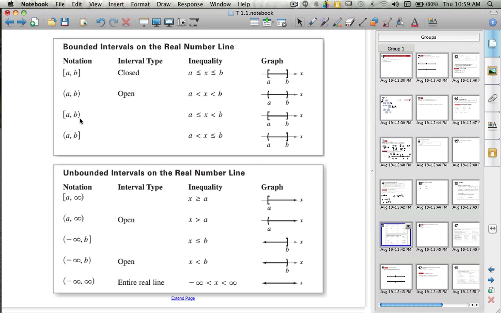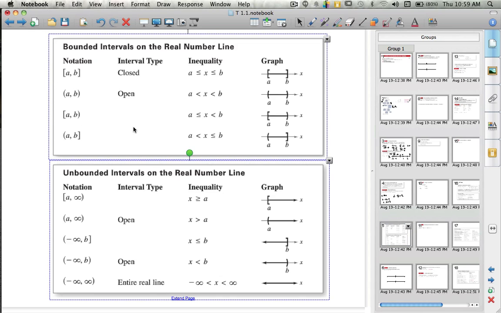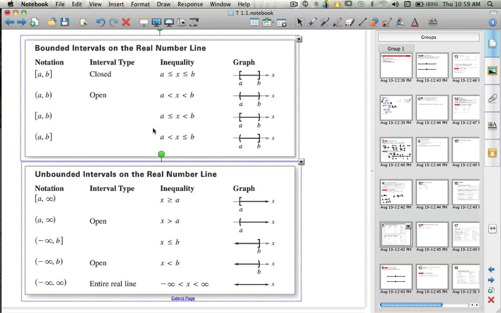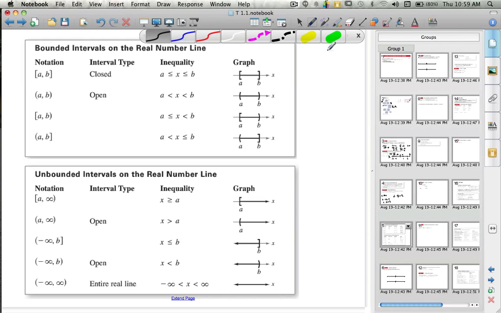I mean, for me personally, and if you think about our Algebra 2 book, we haven't notated things in exactly this way. What they're using is these types of brackets, either curved brackets or squared brackets, to talk about inclusion. And in other texts that we've worked with, we may have thought about those in terms of solid and closed dots. So for instance, this inclusive would have been a closed dot.